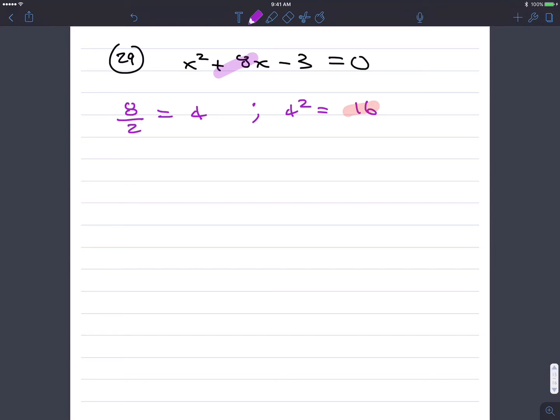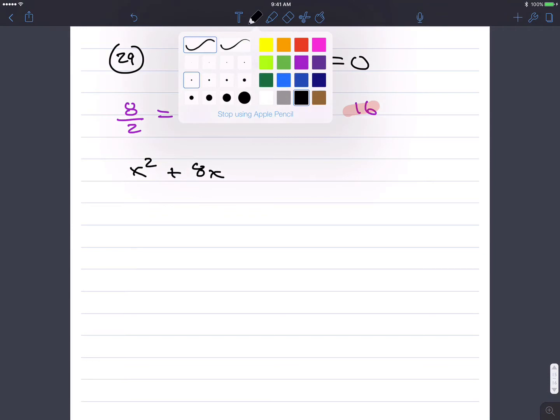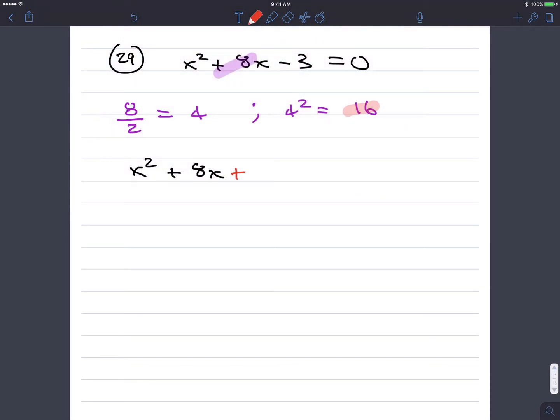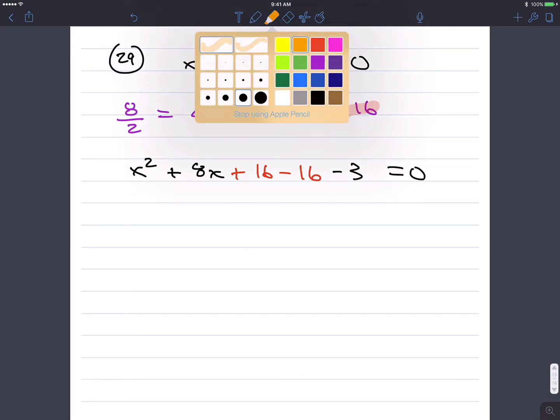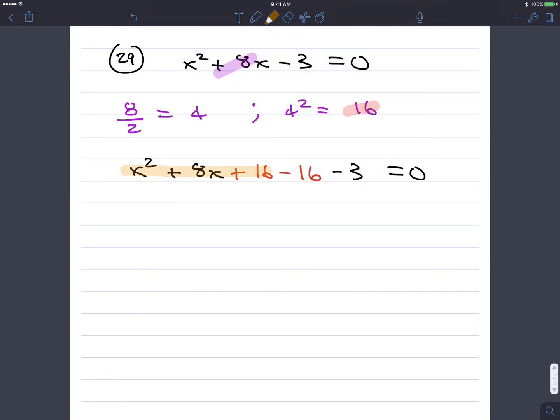Use this. X squared plus 8x plus 16 minus 16 minus 3 is 0. Factor, perfect square trinomial, and we add.